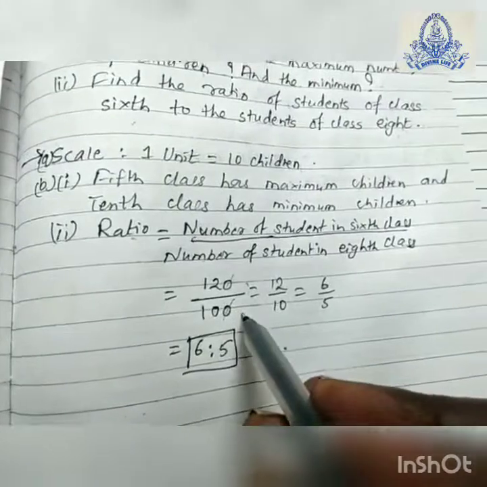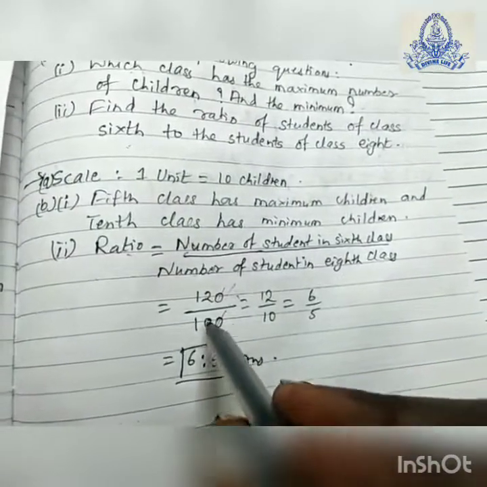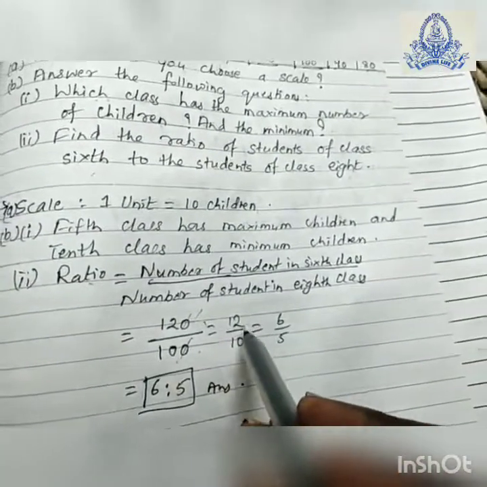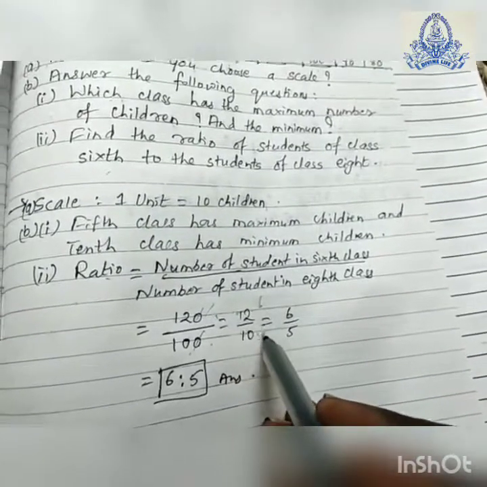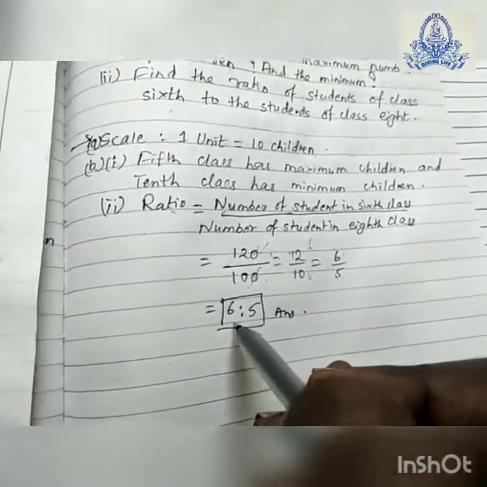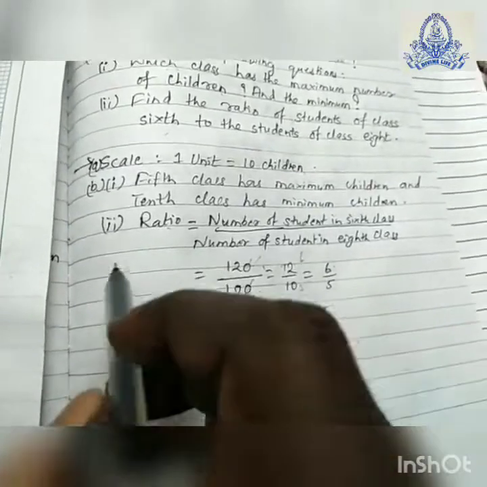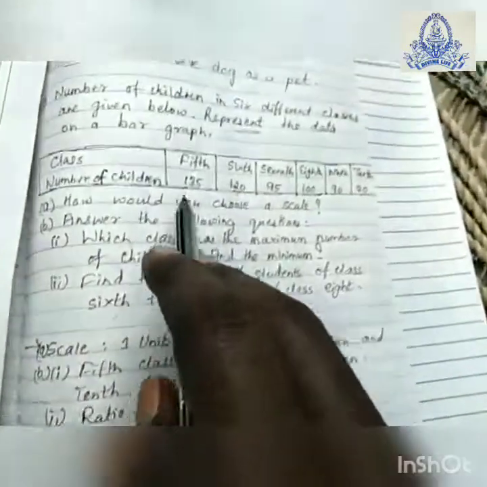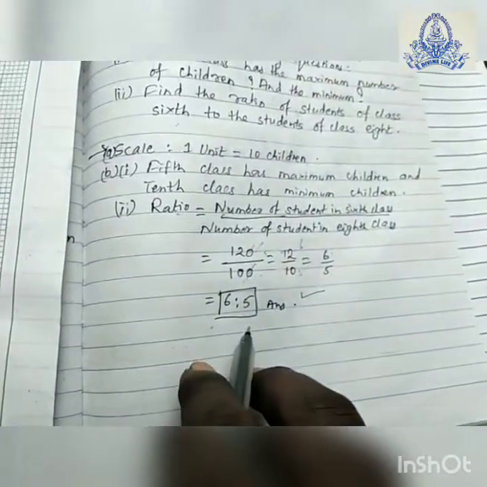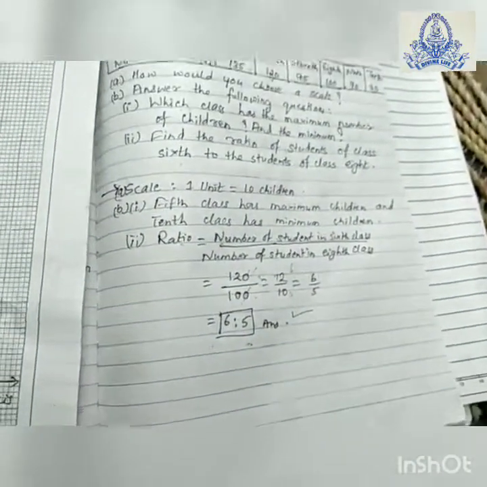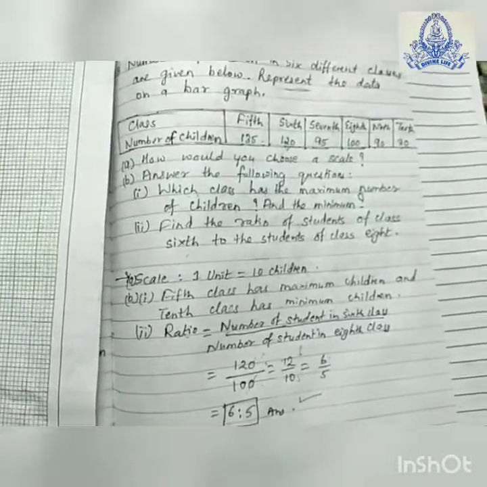So 120 upon 100, 0 cancels, 12 upon 10, and after dividing both by 2 we get 6 upon 5. So 6 ratio 5 is the answer. So the ratio of class 6th and 8th is 6 ratio 5, which we got. So by this we can solve this sum.